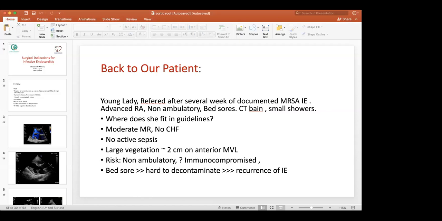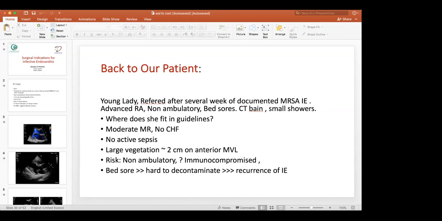If she is fit for surgery and the CT brain shows less than 1 centimeter of stroke, and I don't know how many days she is post-stroke. No, there is no stroke.